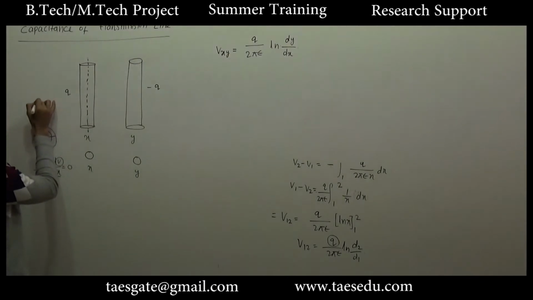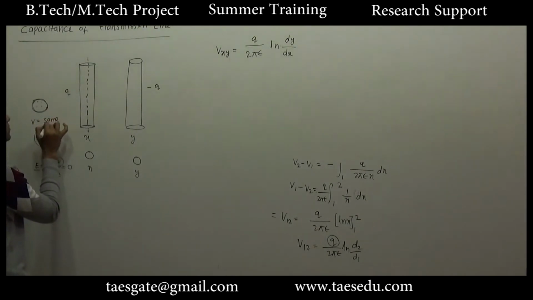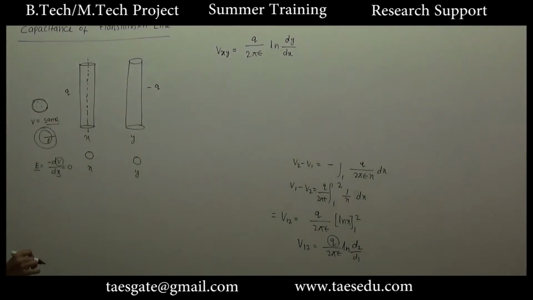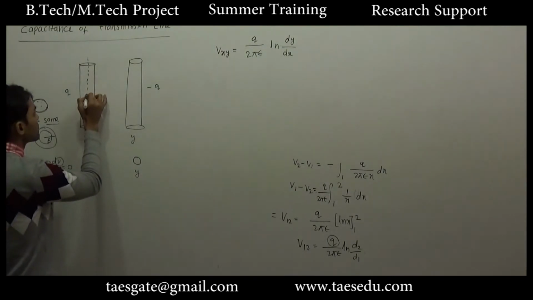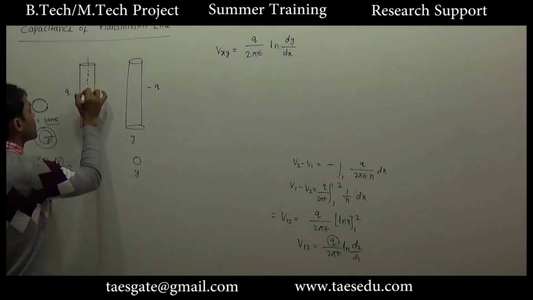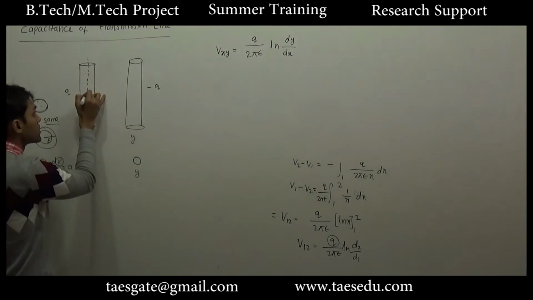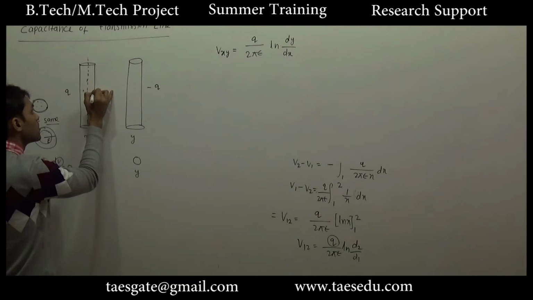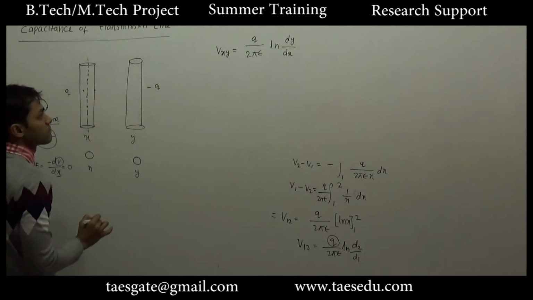So inside a perfect conductor, let's say this is a conducting surface, at each point inside this surface as well as on the surface, the potential will be the same. So the potential inside this conductor will be equal to the potential at the surface.